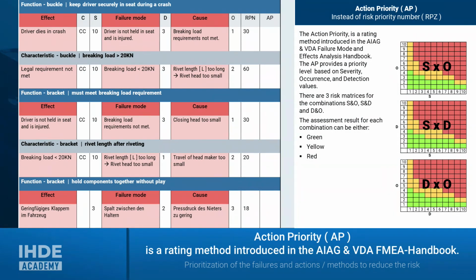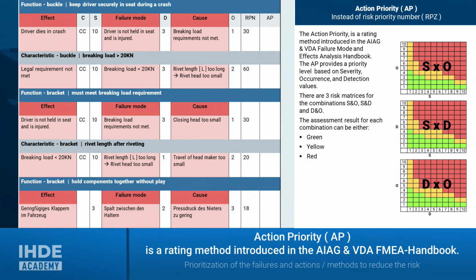The action priority is a rating method introduced in the AIAG and VDA Failure Mode and Effects Analysis Handbook. The AP provides a priority level based on severity, occurrence, and detection values. For the action priority, the rating of severity, detection, and occurrence is the same as previously determined for the risk priority number.